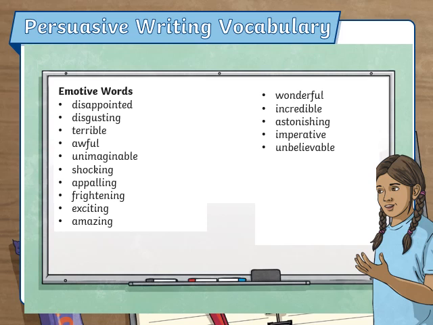You use the adjectives here to direct the reader, or to make the reader feel sympathy towards cats. We have shocking, and a lot of emotive words: frightening, exciting, amazing, wonderful, incredible, unbelievable, and so on.